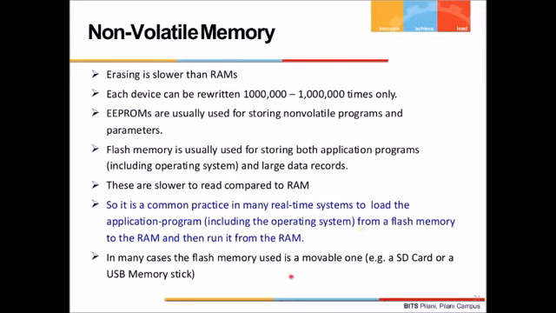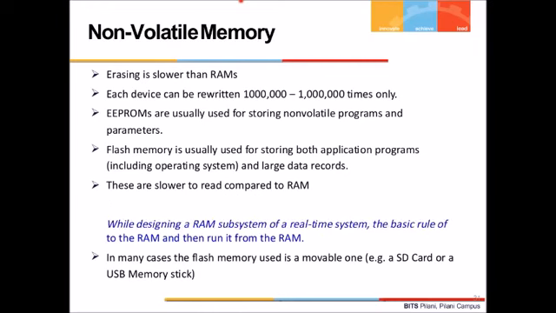In many cases, these flash memories are also removable, like SD cards or USB memory sticks. Sometimes we boot from USB memory also. Sometimes a software upgrade is done through USB sticks. So this is a brief discussion about the non-volatile memory.